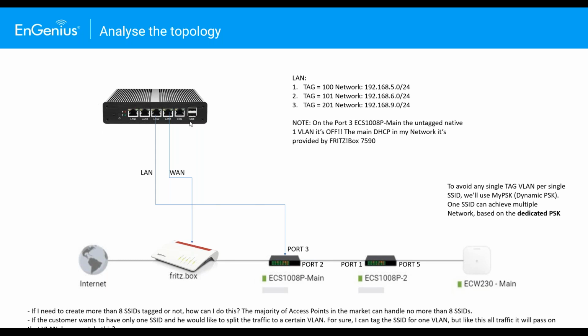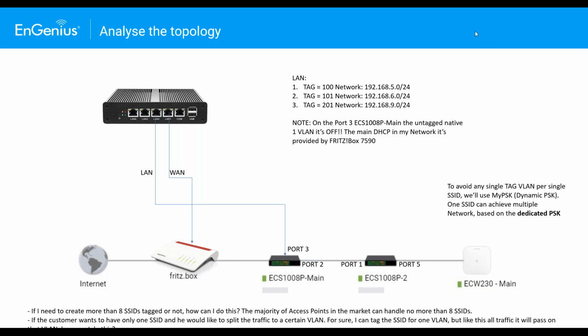This is a firewall appliance that I have in my office. This firewall receives connectivity from my Fritzbox on the LAN 1, we can say WAN port. And I also have a LAN 1 port to provide DHCP for this switch on port 3.